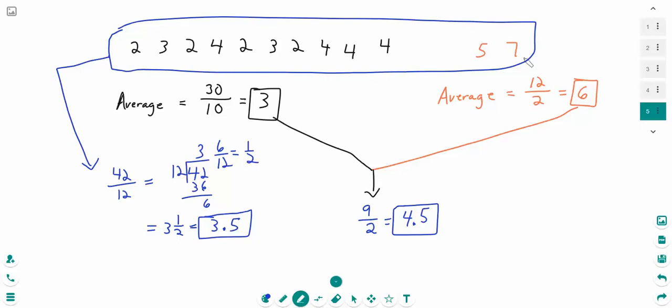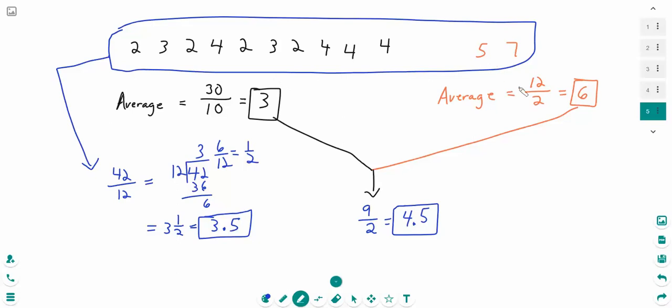In the second set of numbers, there were only 2. So the average of this 10 should be weighted more than the average of this 2. Whatever this average of the 10 is, that should play a larger factor into the overall average than just these 2 numbers. It's kind of 10 against 2. So this 10 should have a stronger voice than these 2.